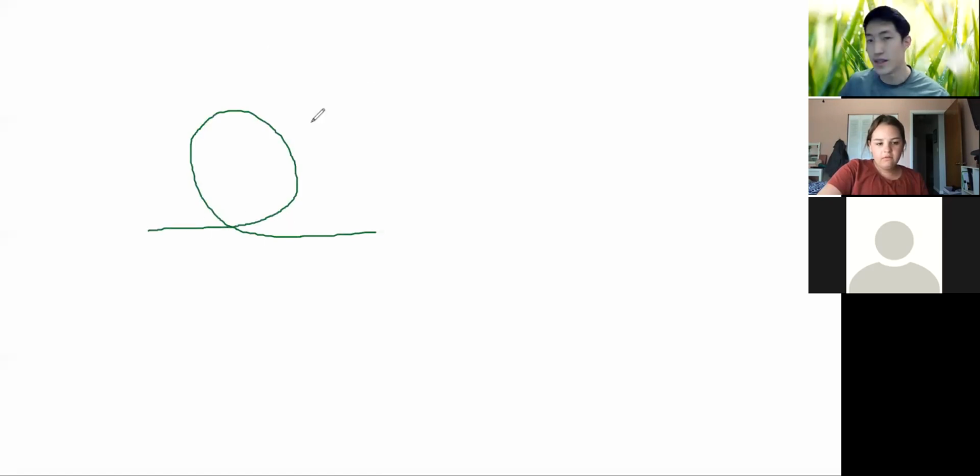You have the loop, and it's asking about the acceleration when the car is exactly at point P. What forces are acting upon the car? What direction are the acceleration vectors? Well, what's one that you could name? Gravity. Yeah, so there's acceleration downwards.